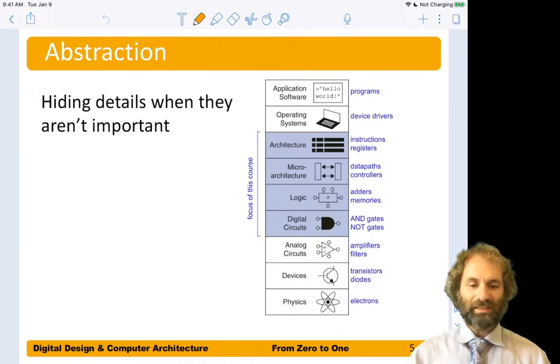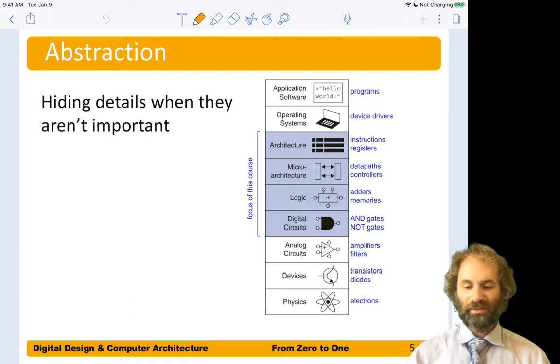Abstraction is hiding details when they aren't important. So, for instance, if we wanted to understand how a computer worked, we could start with the quantum mechanics. Ultimately, there are some electrons moving around in a lattice of atoms. Their positions and momentums are governed by quantum mechanics, and we could solve the wave equation for each electron, but trying to do that for vast numbers of components all at once is completely intractable.